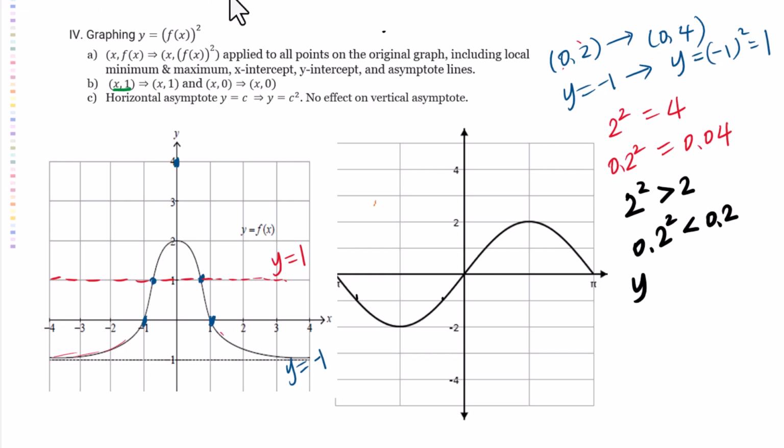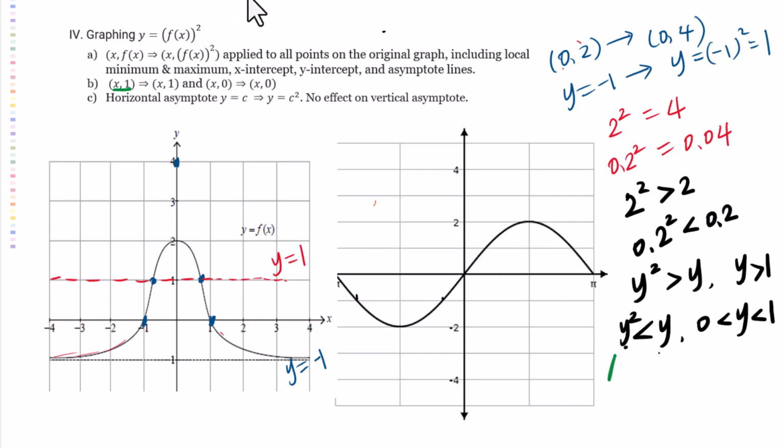Which means y squared is greater than y when y is greater than 1, and y squared is less than y when y is greater than 0 and less than 1. What's the meaning of y squared less than y? Which means the new graph is below the original graph.